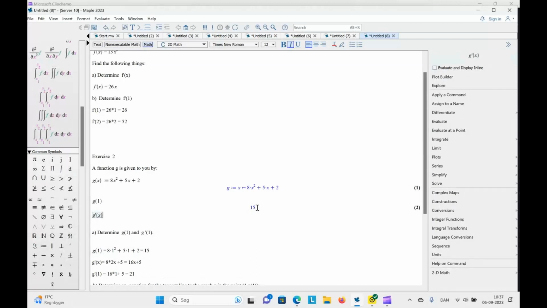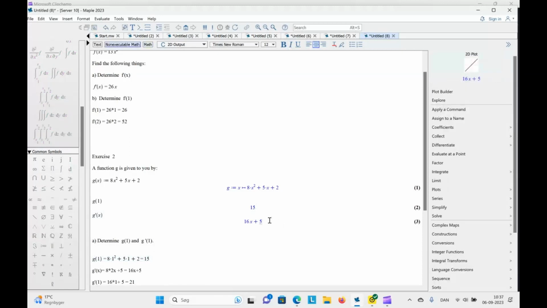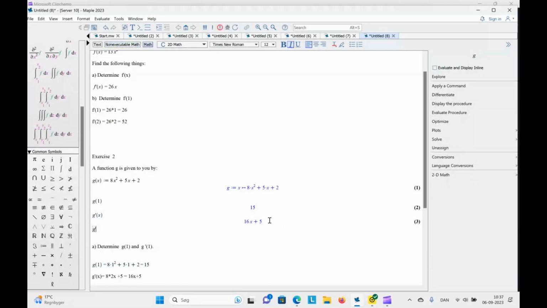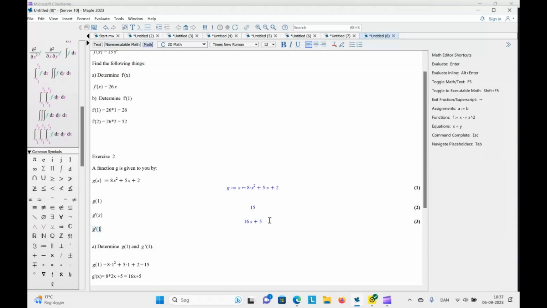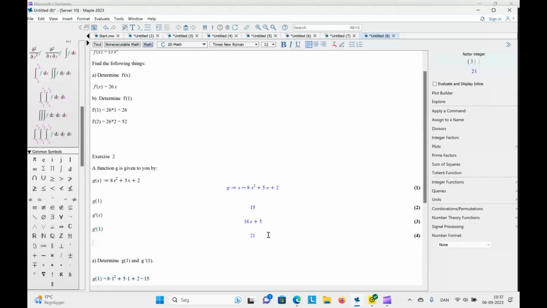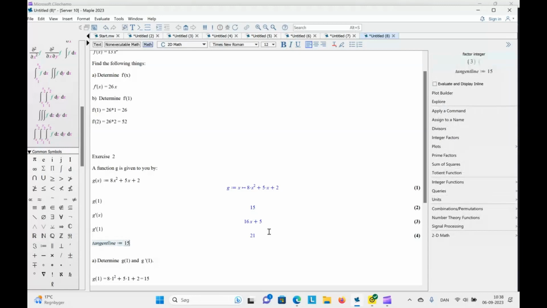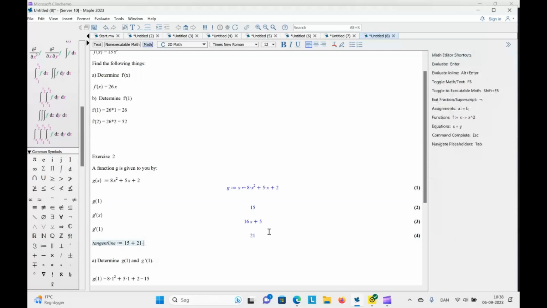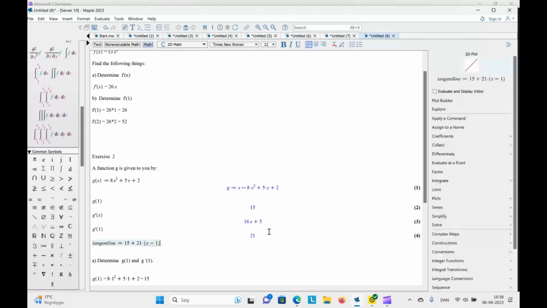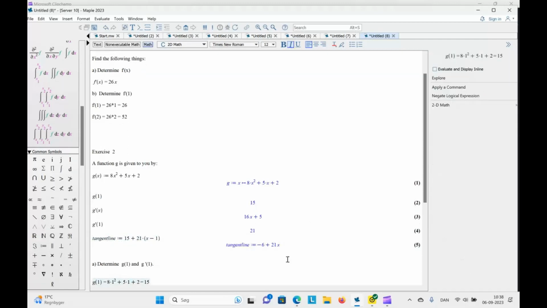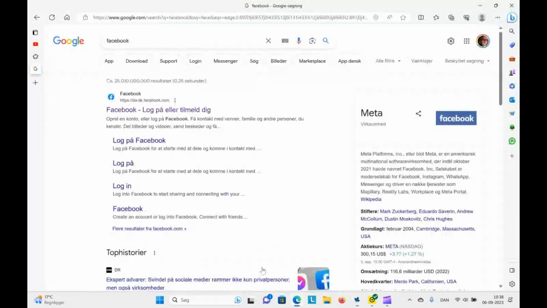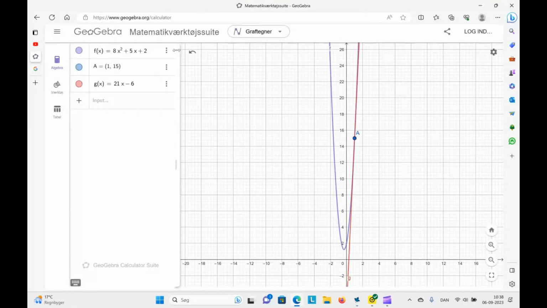And calculate f mark of x, and then calculate f mark of x equal to 1, and that's 21, and then call it tangent line, and define that function, which is 15 plus 21 multiplied by x minus 1 here. And we have the tangent line function here.